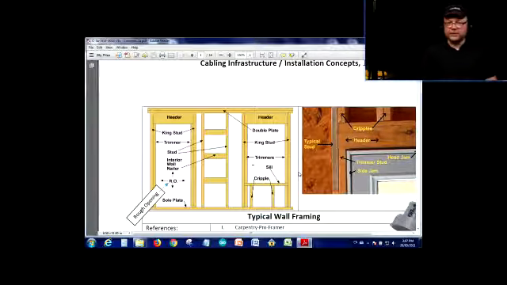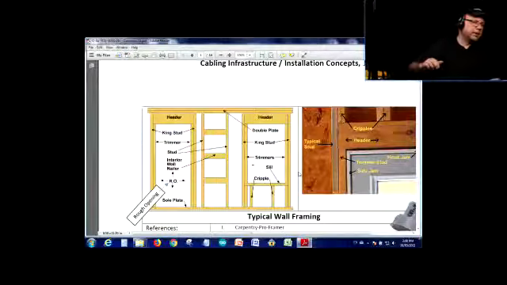Commercial buildings here in Ontario are mostly steel structure. However, on jobs in western Canada, like Saskatchewan, Alberta, even parts of BC, you see a lot of timber, a lot of wood in commercial buildings as well.